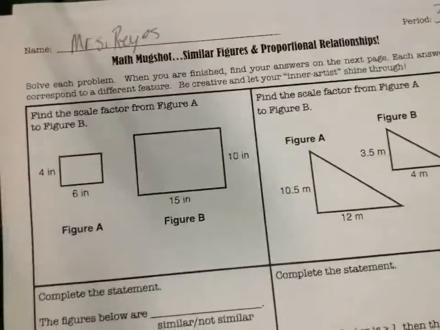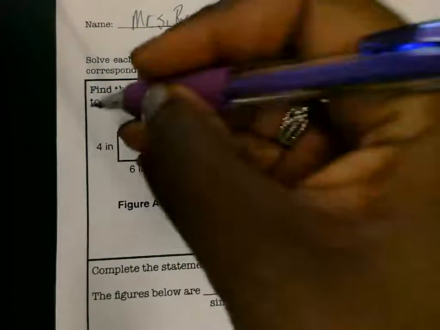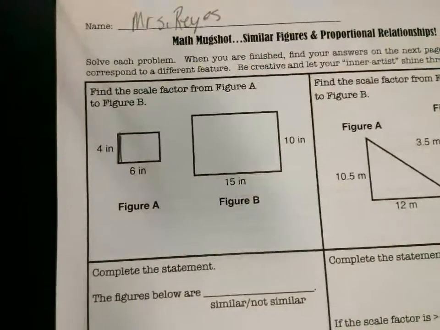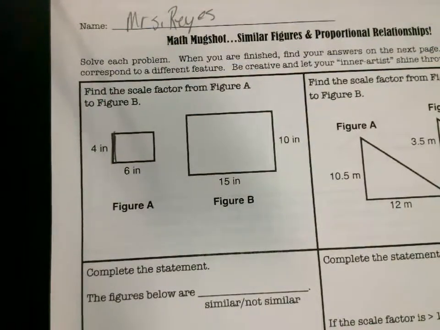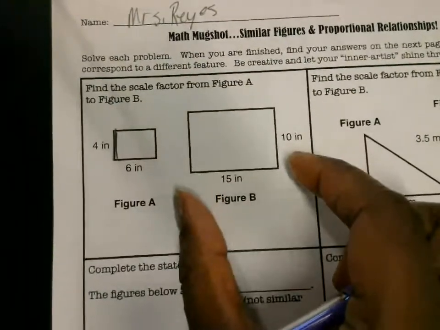The first thing you're trying to do is find the scale factor. You've got to do what we did yesterday and match corresponding sides. Which side corresponds with 4? This is the smaller rectangle. This is the larger rectangle.